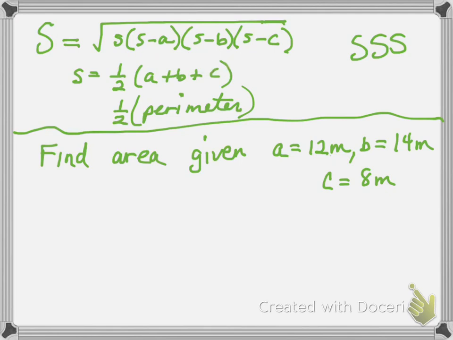Alright, so let's say we have a triangle where the side lengths are 12, 8, and 14. It doesn't even really matter which one you call A, which one you call B, and which one you call C. But the first thing you're going to need to do is use this formula, and to use it you need what they call a semi-perimeter, meaning half of the perimeter, kind of like semicircle is half of a circle.